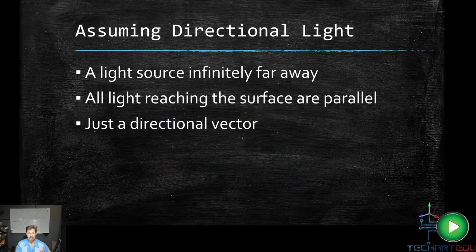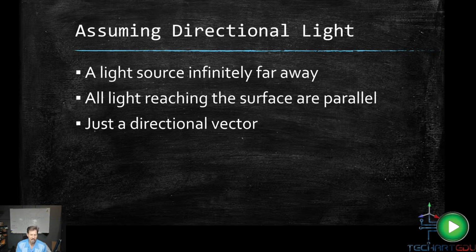Once again, we're going to assume that we're creating what's called a directional light. We're not going to go into the difference between a point light, a spotlight and a directional light, because that lecture is a little more advanced, really long and tedious.